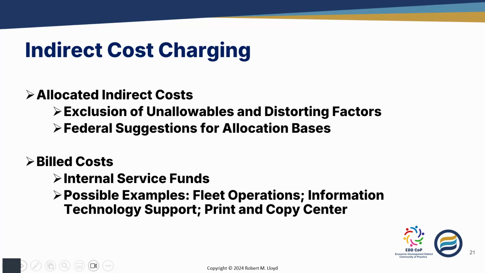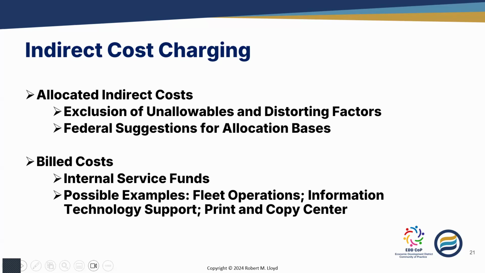Another aspect of what might be included in an indirect cost rate, however, has to do with indirect costs that are generated within a support unit and then are actually billed out to those operational units. And these are referred to in governmental accounting as internal service funds.